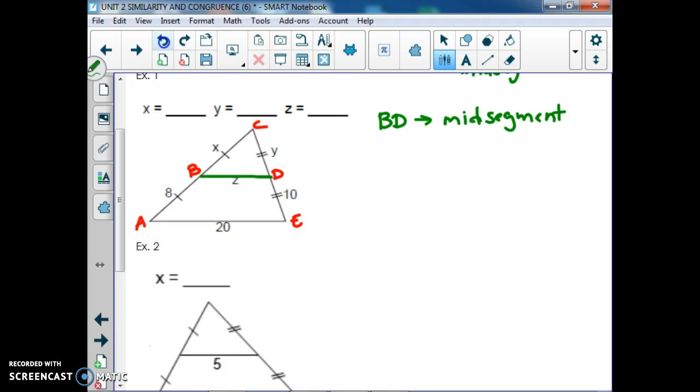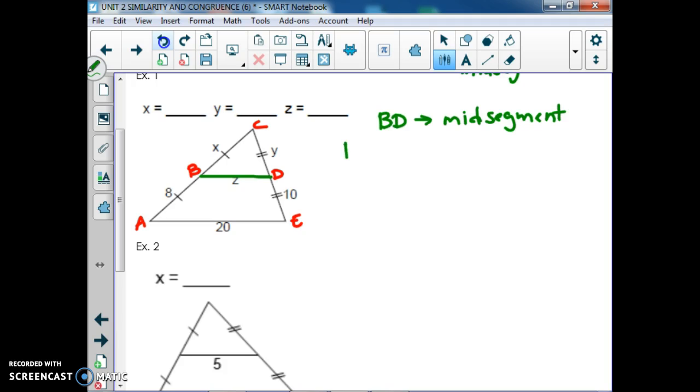Just like your theorem states, the midsegment is parallel to the third side. It joins the midpoints of the two sides that it touches. So since it joins the midpoints, B would be a midpoint and D would be a midpoint.